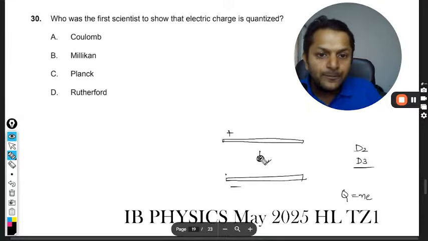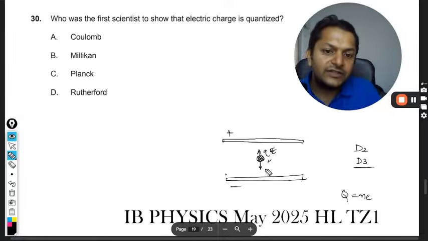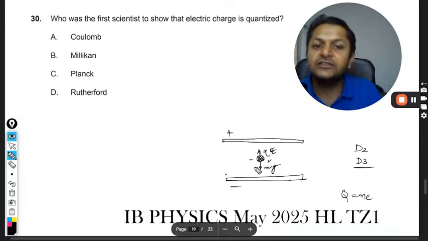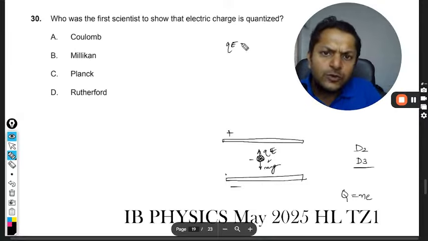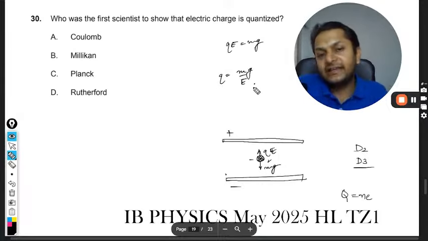So thereby the electric force QE and the weight, which is mg, try to balance each other. The charge on the drop is negative charge, so QE is equal to mg, and from there he tried to find the value of the charge in various cases.